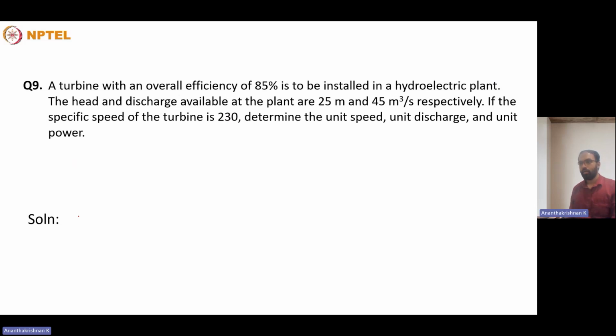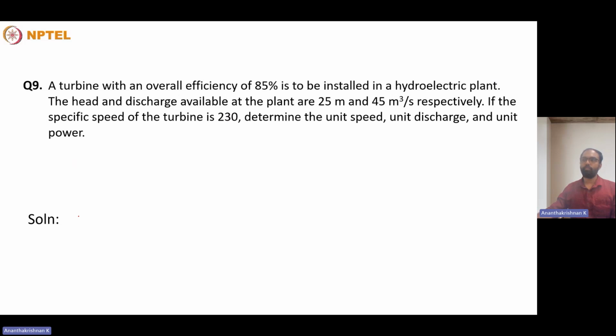So, in order to calculate the value of the unit quantities, we need to know the formulas of the unit quantities. We know the head available, discharge available, and the specific speed also is a known quantity.